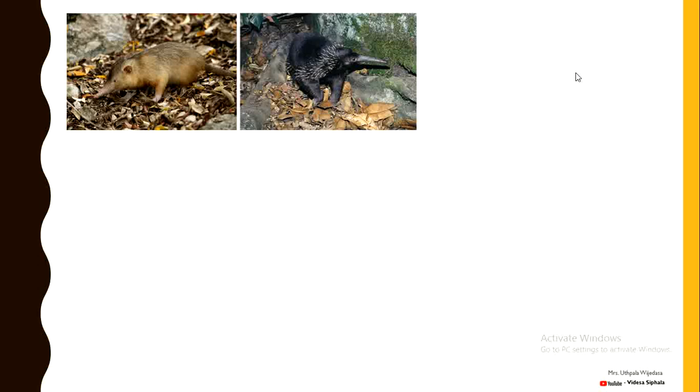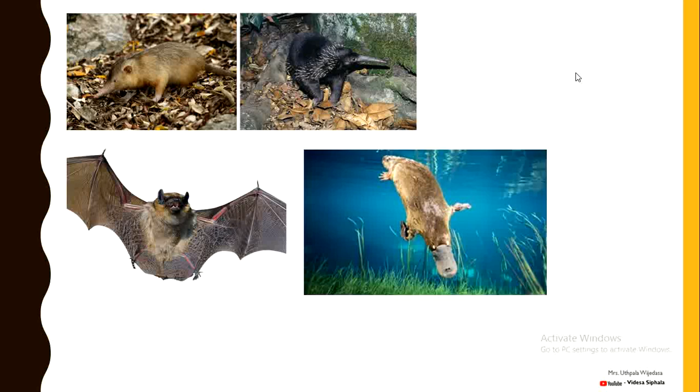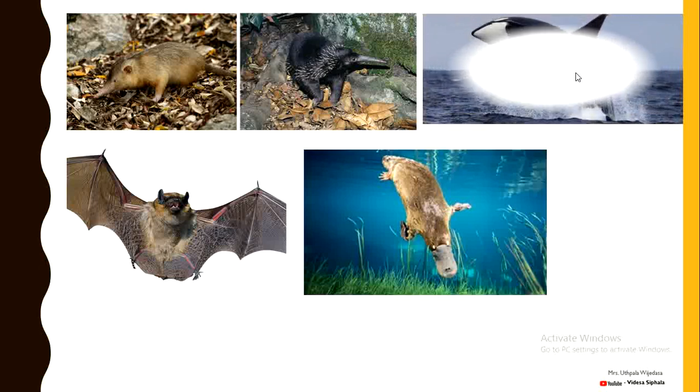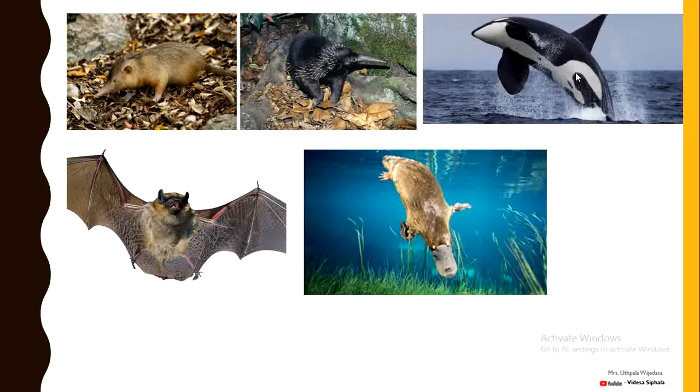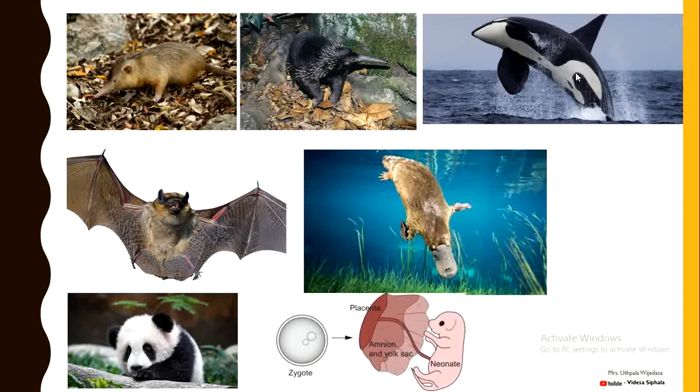So there are certain exceptions because most of the mammals give birth to young ones, but there are egg-laying mammals as well, like the anteater and the duck-billed platypus. And here you are shown the bat, which is also a mammal, the whale, which is an aquatic mammal. Likewise, there are different varieties.